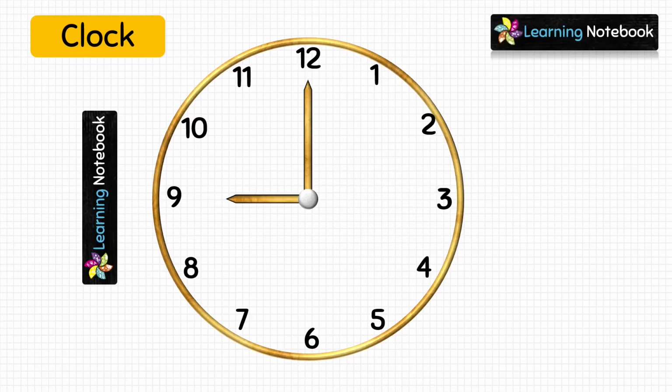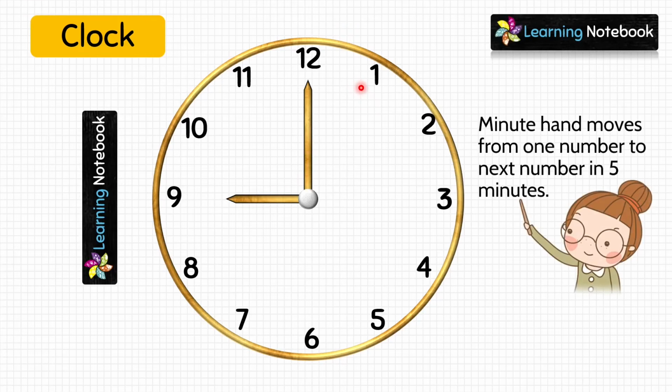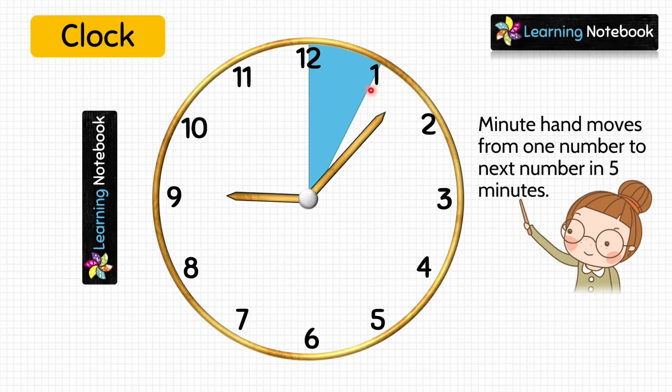Now let's learn about the minute hand. The minute hand takes 5 minutes to move from one number to another number. Like here, to move from 12 to 1, the minute hand takes 5 minutes. In this way, to move from 1 to 2, the minute hand takes another 5 minutes.